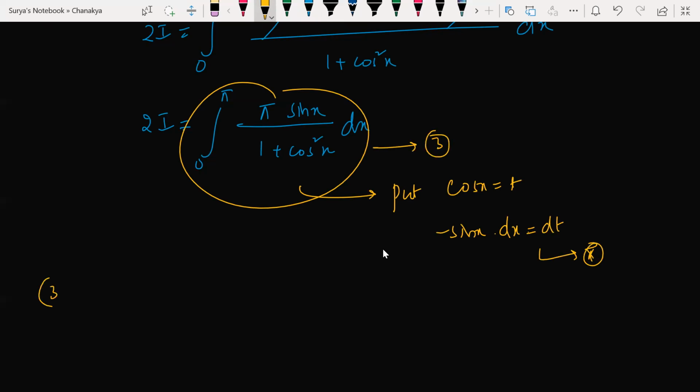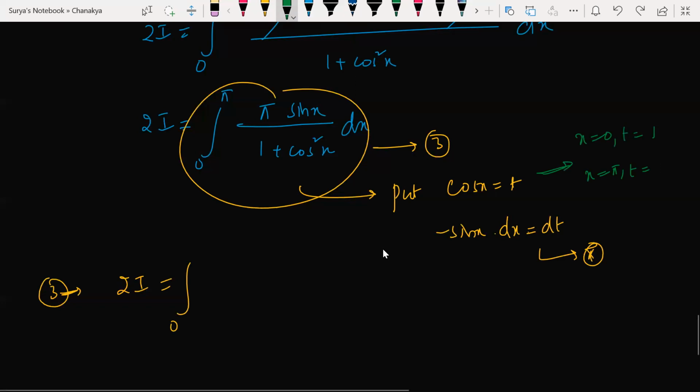From the third equation, 2I is equal to the integral from... Guys, limits will change whenever you apply the substitution method. If x is equal to 0, what is the t value? The t value is 1. If x is equal to pi, what is the t value? Sorry, minus 1, cos 180 is minus 1, right? So the limits have changed, from minus 1 to 1.